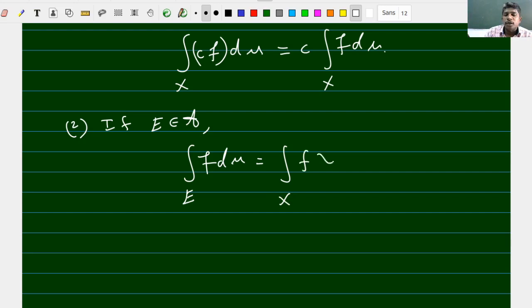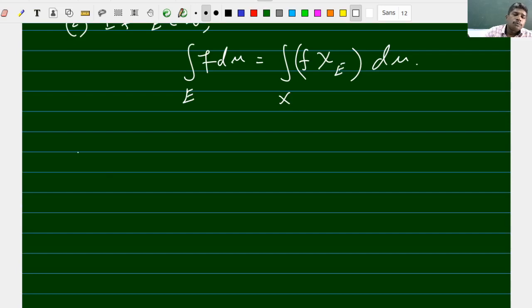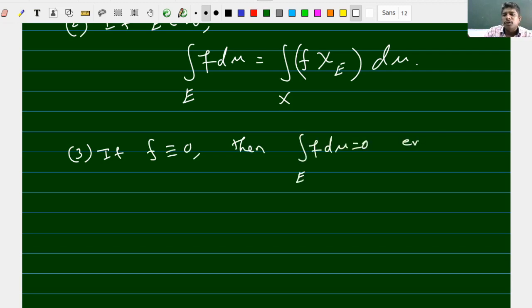So we can multiply by the characteristic function of E to make the value outside of E to be 0. The third one: if f is identically 0, then the integral over E of f d mu is 0, even if the measure of E is infinity.